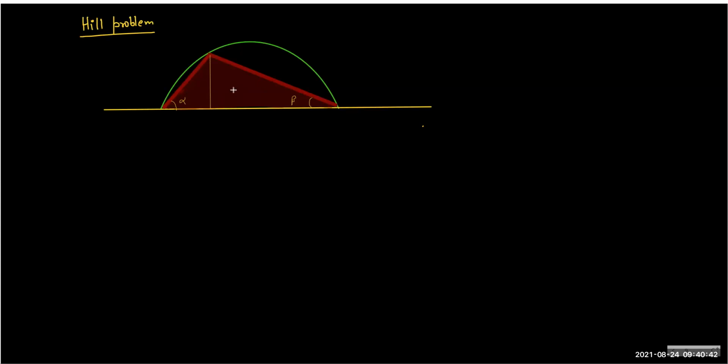So alpha and beta are called the angles of elevation. This is a very standard practice to write.